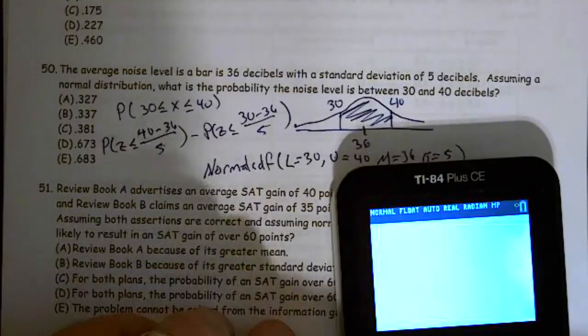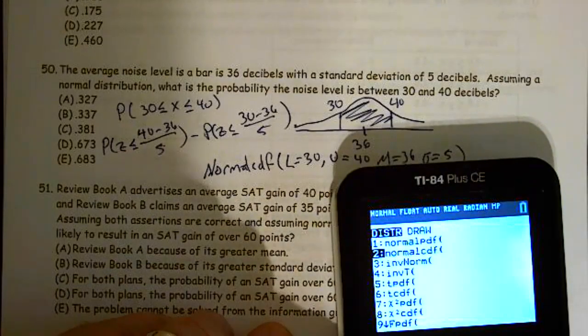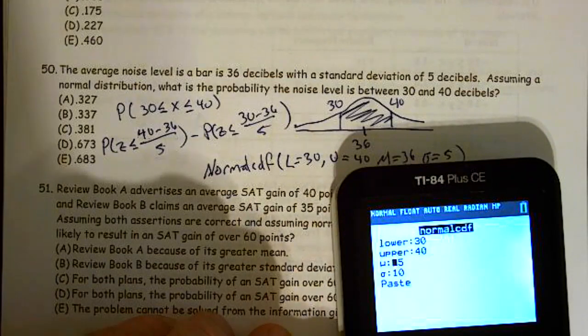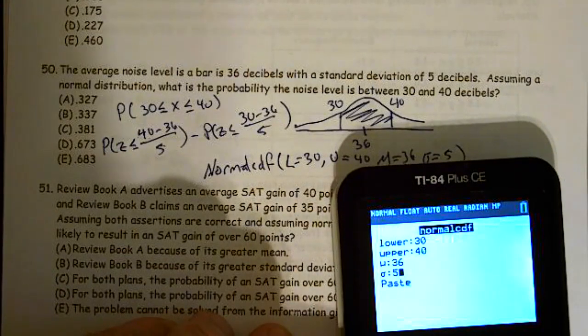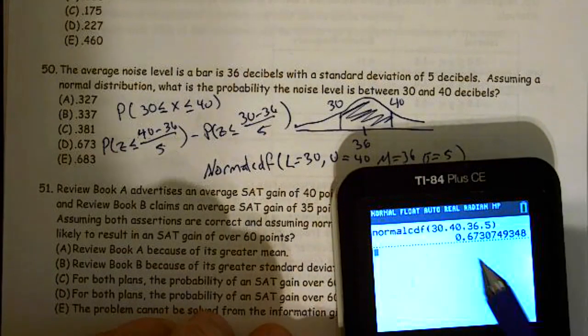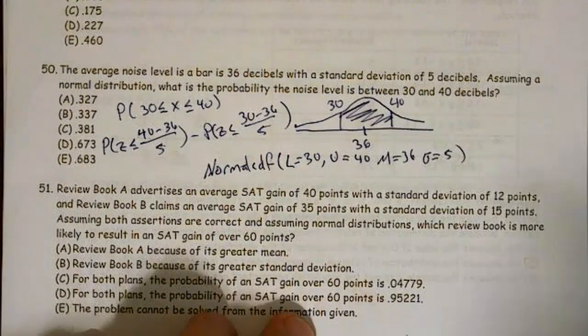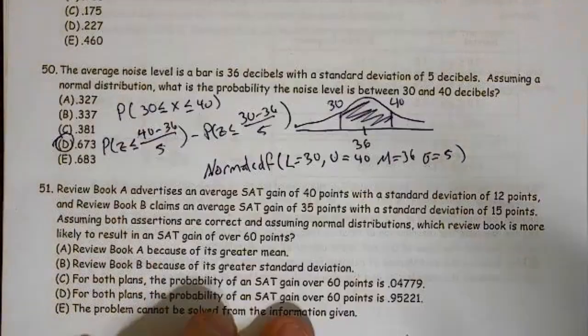So if I go into this real quickly, second vars, normal CDF, 30, 40, mean of 36, and a standard deviation of 5. I end up getting 0.673. So my best answer looks like it's D.